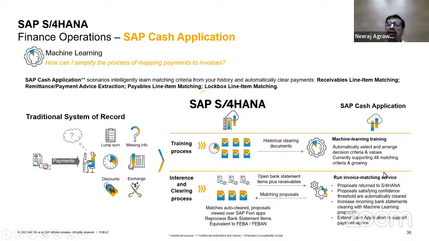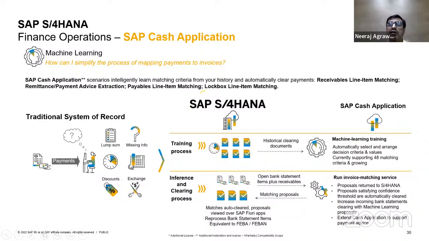And with machine learning, it can understand that at times you're getting partial payments, and it can clear those out. Where it's a complete payment, of course it will be able to find and do things automatically rather than you going manually.